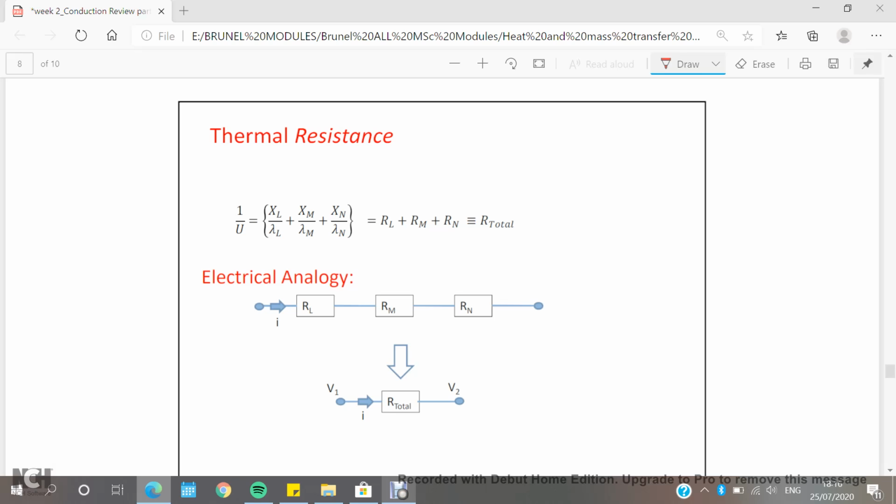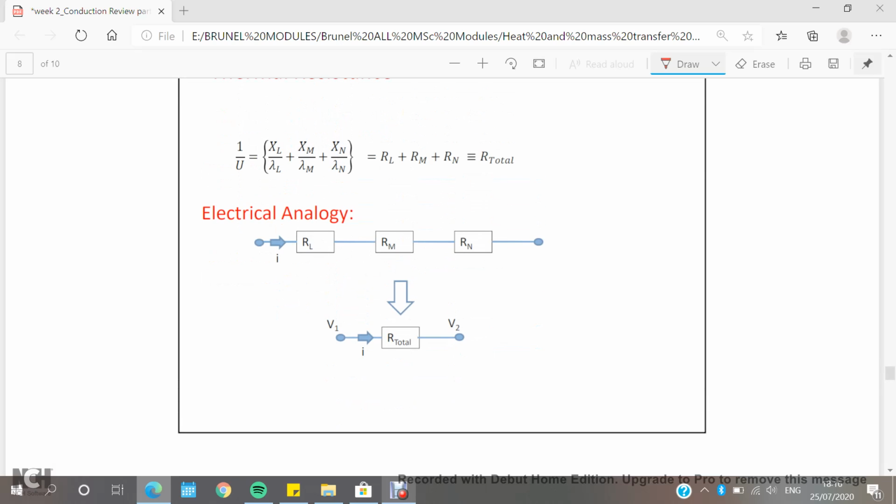Why did we give this thermal resistance definition? Sometimes, to make it simple, we can use a diagram or an analogy for this mechanism, like an electric analogy. For instance, I have a very simple schematic diagram here to explain the idea.